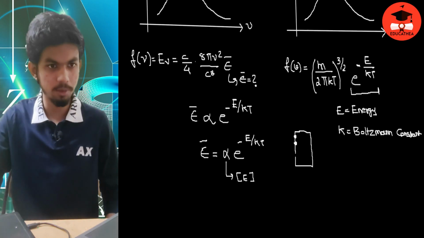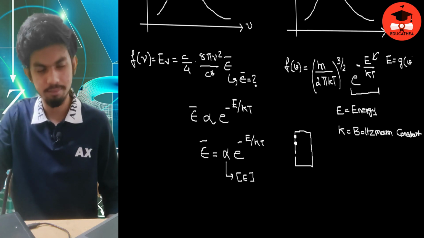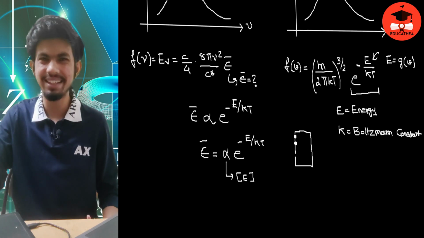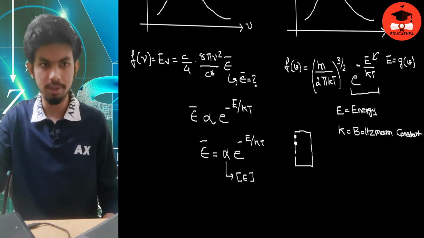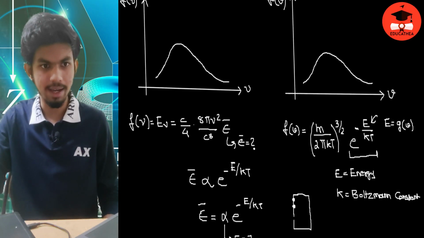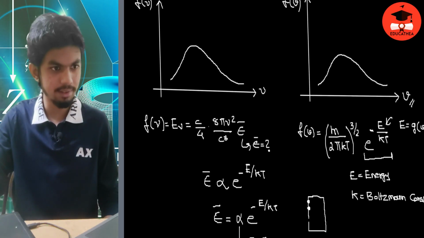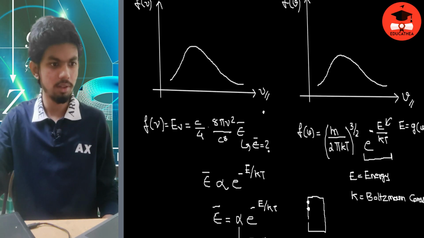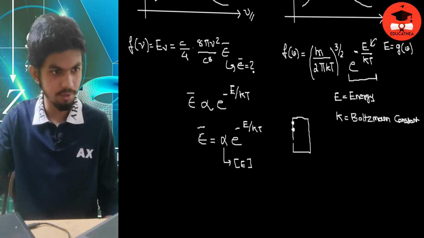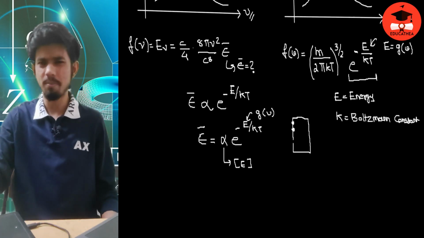Now let's go back to the Maxwell-Boltzmann distribution again. If you remember the formula, the energy here was a function of velocity, because the energy here is technically kinetic energy. And we can see that the curve has velocity on the x-axis. Here on the x-axis we have frequency. So maybe this energy over here is a function of frequency nu.